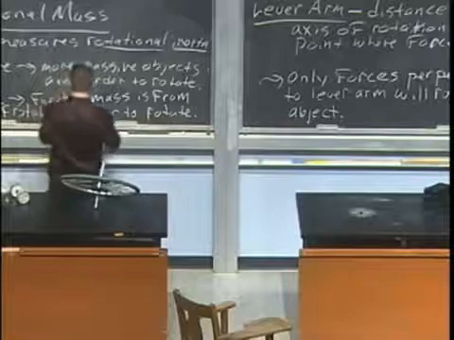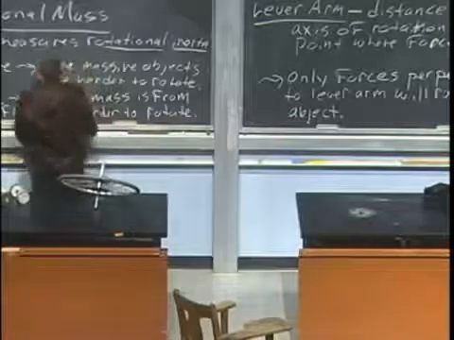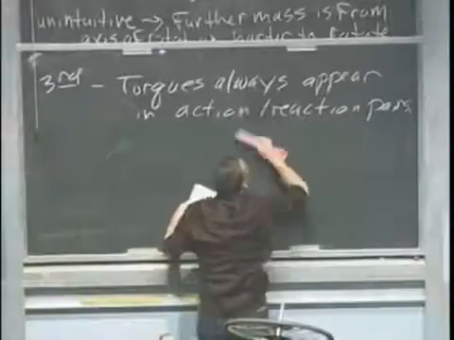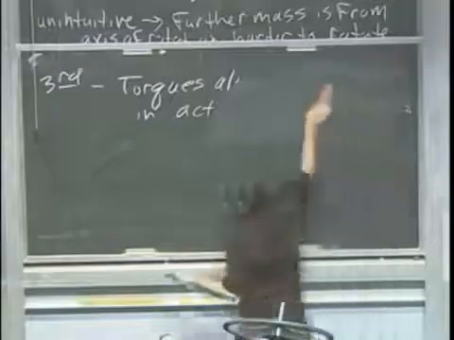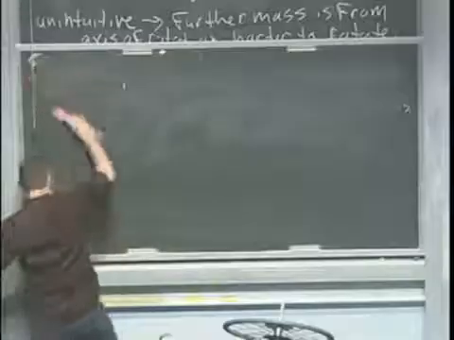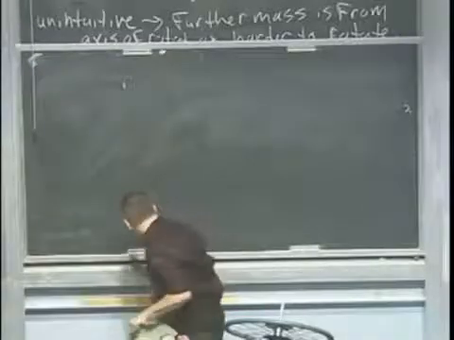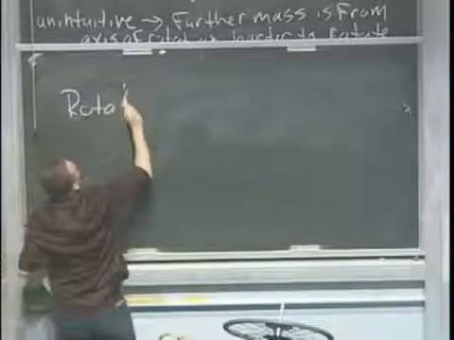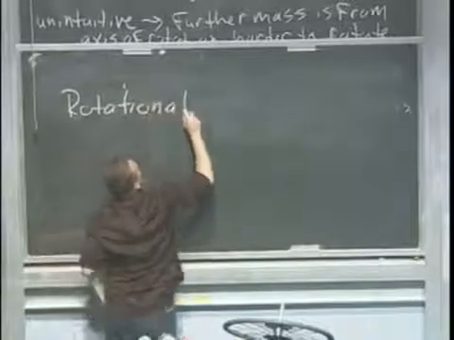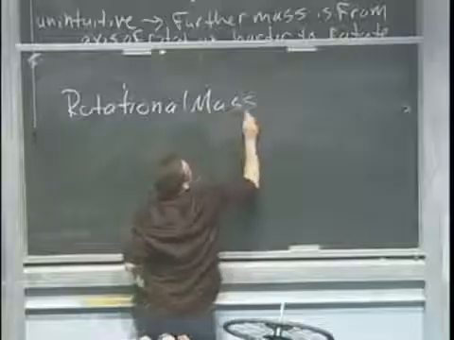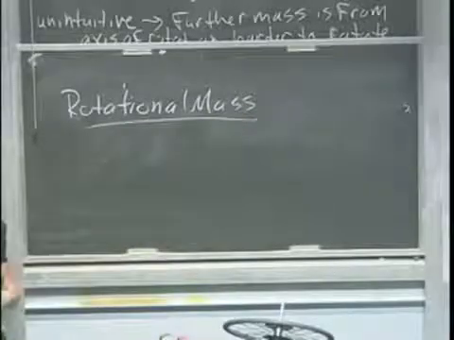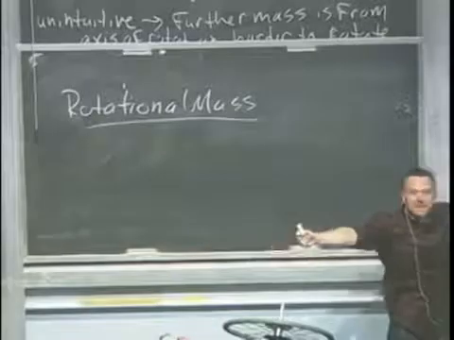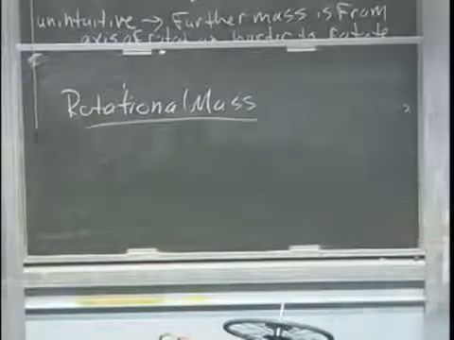let's define exactly what rotational mass is. Okay, rotational mass is similar to torque in that it depends not just on how much mass is there, but how far it is from the axis of rotation. Okay?